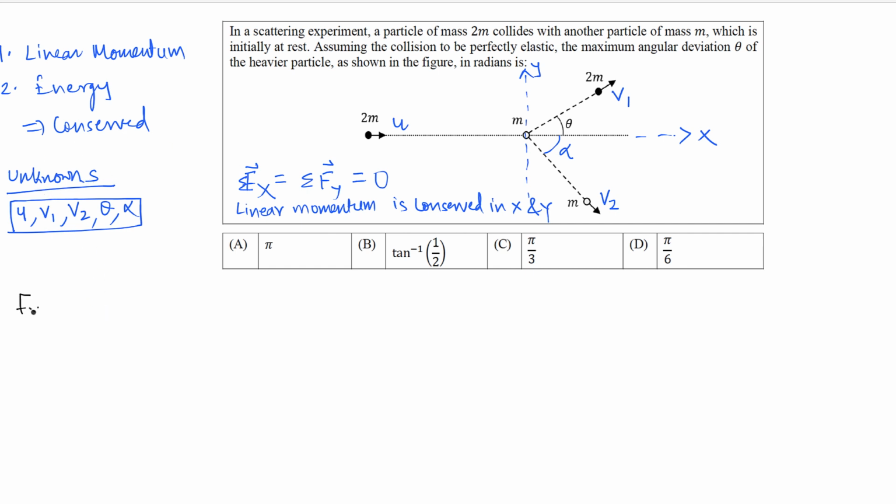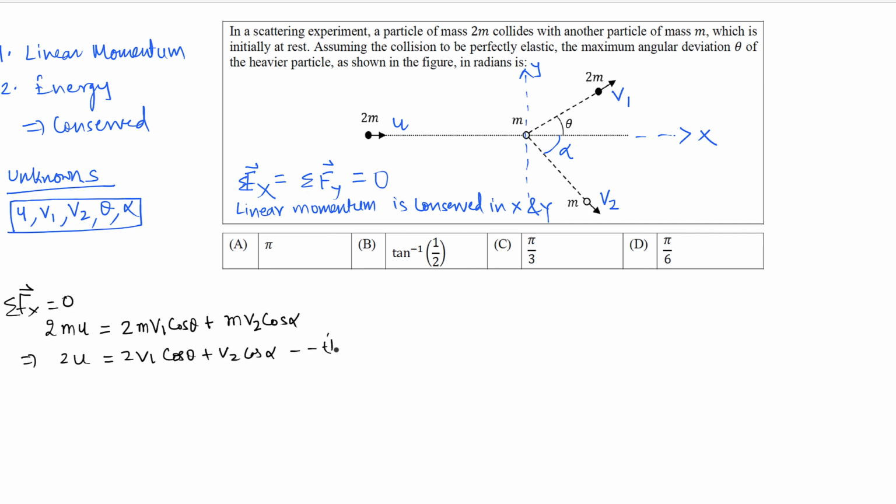Since Fx is 0, in the x direction we write the linear momentum equation, which is 2mu equal to 2m v1 cos theta plus m v2 cos alpha, which means 2u equals 2v1 cos theta plus v2 cos alpha.